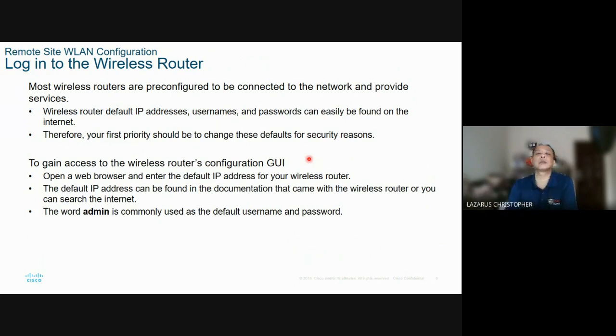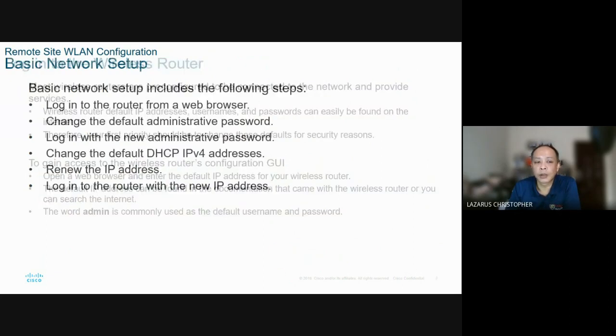Once you authenticate yourself, you are shown the configuration screen. Now, what is available there? Usually the standard configuration will be there, but other additional features depend on the model and the brand of your integrated device.